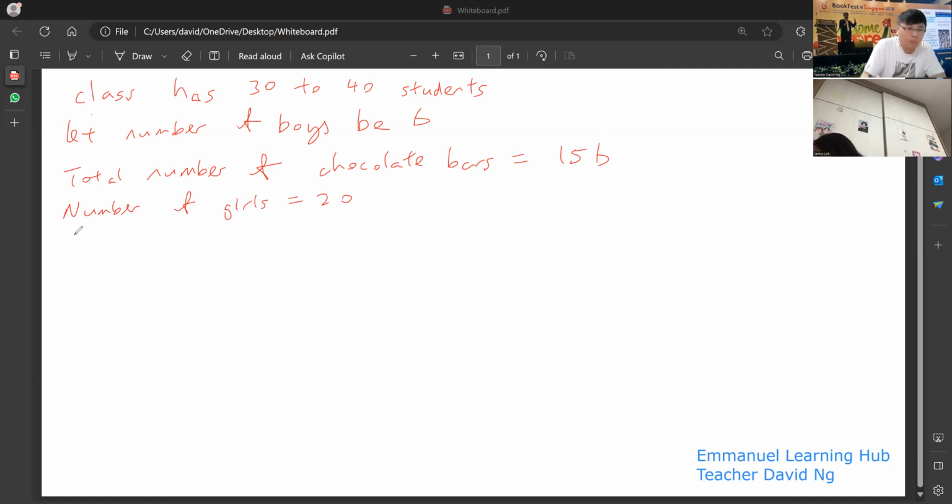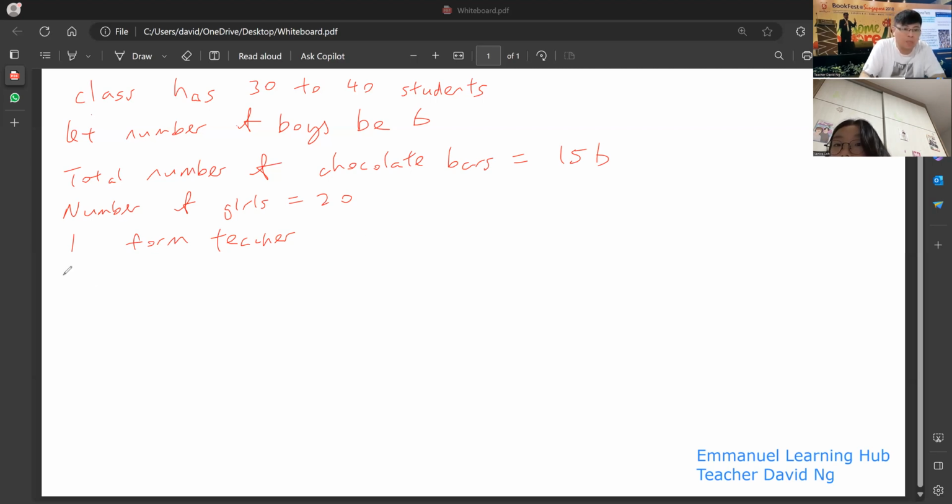Then one form teacher. No leftovers. The 15B chocolate bars are shared equally among 21 people, isn't it? So the number of girls and form teacher is 21.